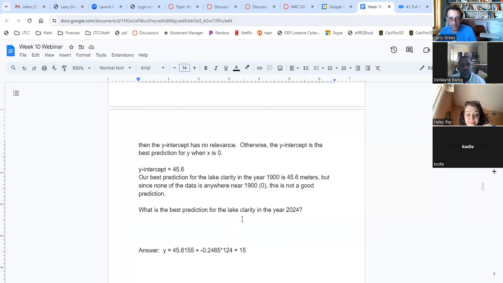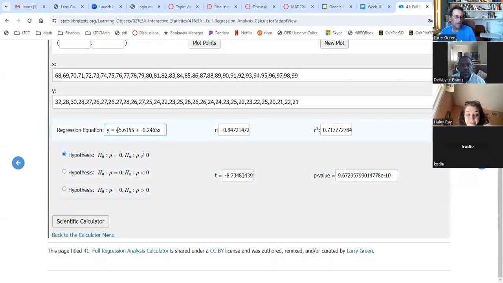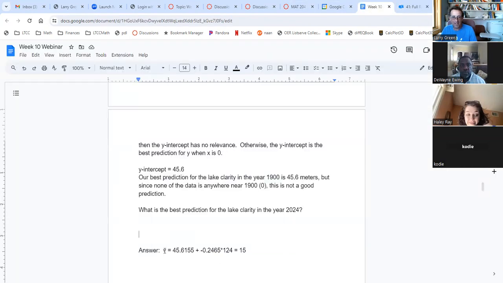So what we can do is take this regression line, which is y equals 45.6155 minus 0.2465x, and plug in 124 for x. That's what I did here. I took 45.6155 plus a negative 0.2465 times 124, put that in a calculator, and I got 15.